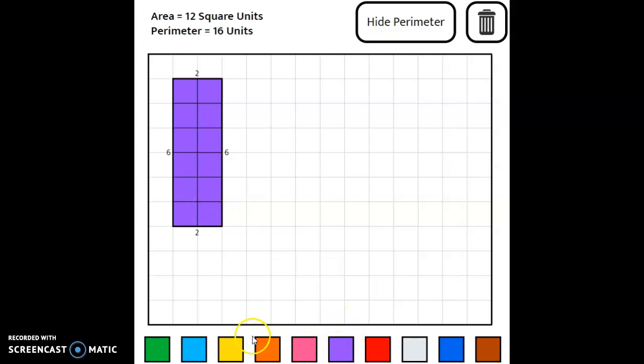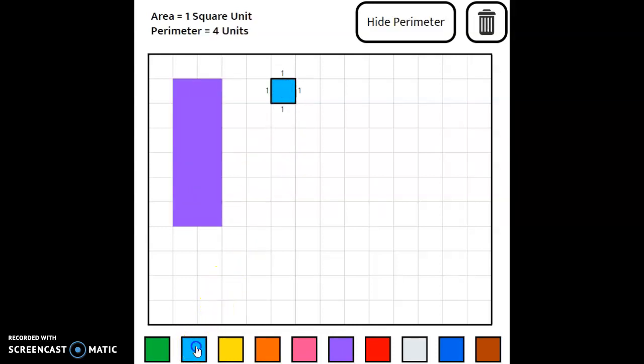As we talked about, I can do other multiples or other factors of 12. So I could do 3 rows of 4. And we did something very similar to this when we were learning about factors. And look at the perimeter of that. Isn't that crazy?